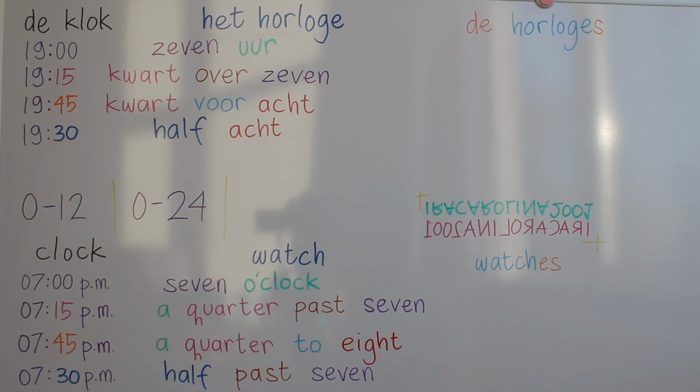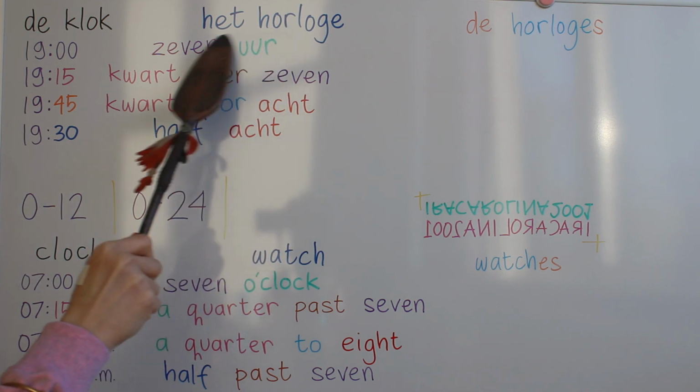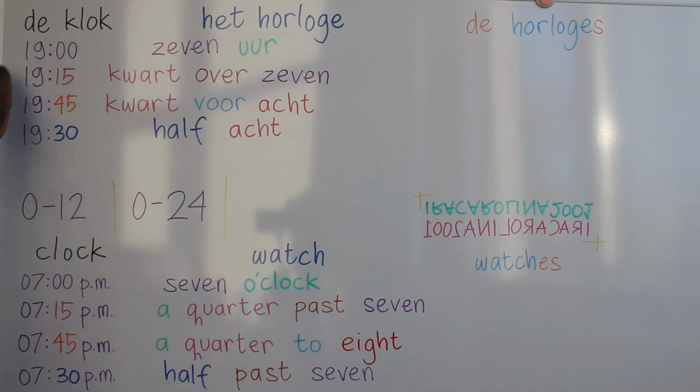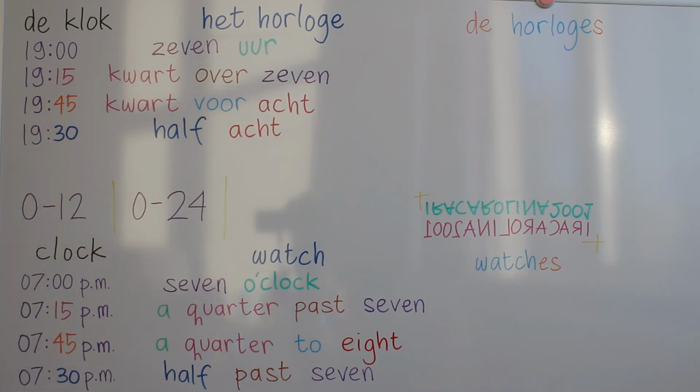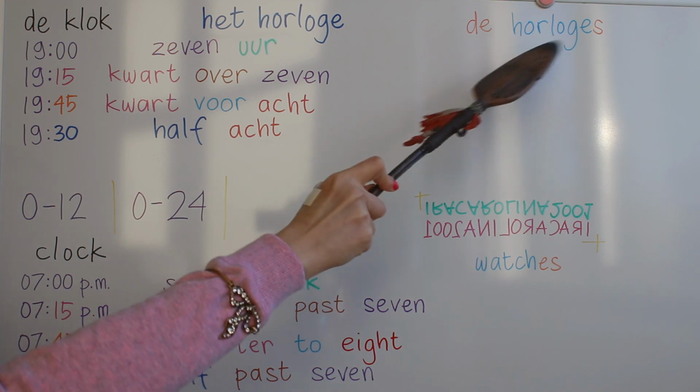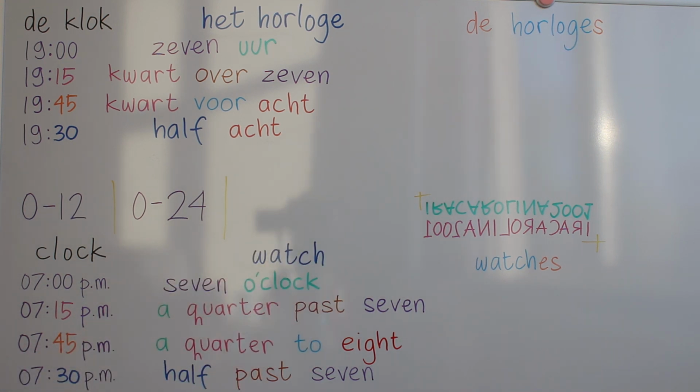The for clock is de, and the for watch is het. De klok, het horloge. But for plural nouns, we always use de for "the". Watches, de horloges.